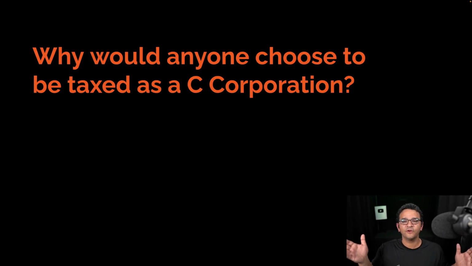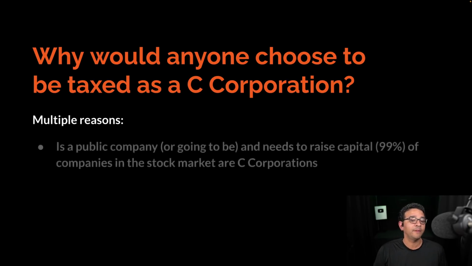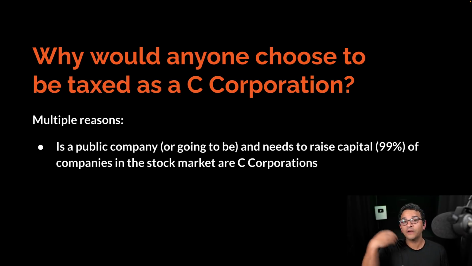Now, based on what I told you, why would anyone choose to be taxed as a C corporation? It sounds like a really bad idea. Well, think about it. There could be multiple reasons. If you own a public company, or your company is going to go public, you might want to raise capital. 99% of companies in the stock market are C corporations. It's the easiest, mechanically speaking, to raise capital with, because the owners of those corporations only pay that preferred dividend tax rate.